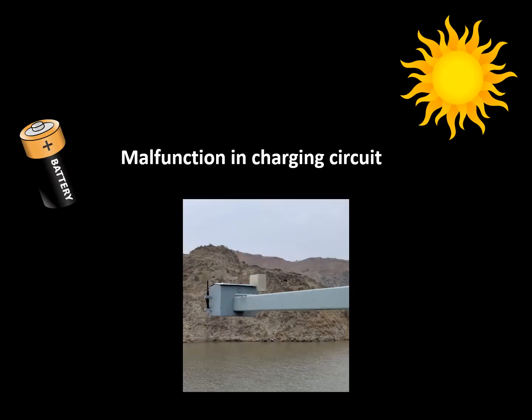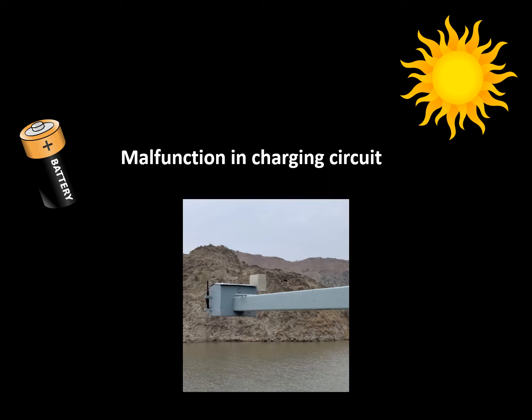Now, the incident that we mentioned in the beginning of the video was related to the sensor that was installed at the lake. And the incident was the development of a particular fault in the charging circuit, so that even though there was a particular luminosity acting on the solar panel, the battery was not charging in the best way.